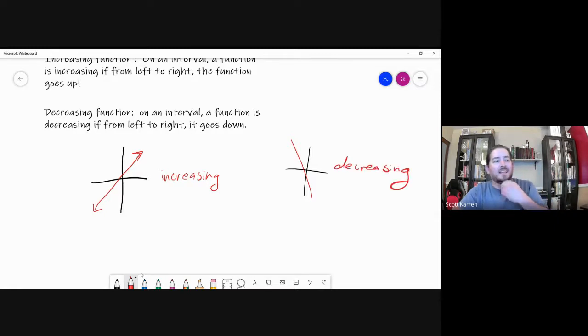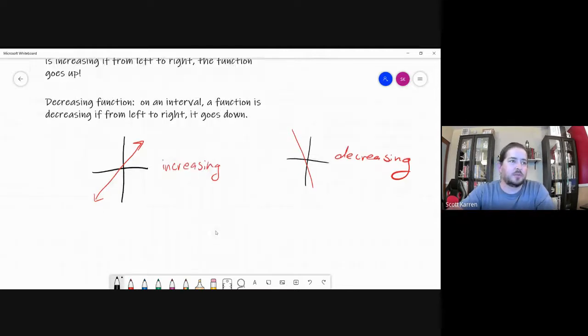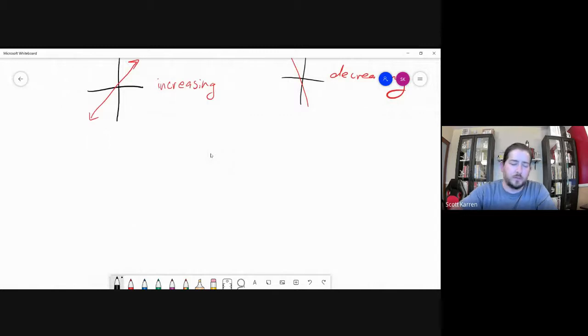Okay. And like I said, some of these functions may have intervals where it does both. So I might have some function that does this, right? Now I would say between however far it goes, if that's forever, so from negative infinity up to this point right here, this function is increasing.